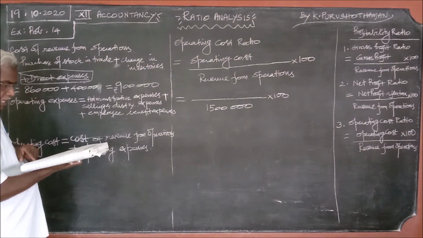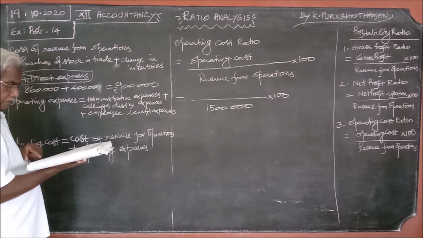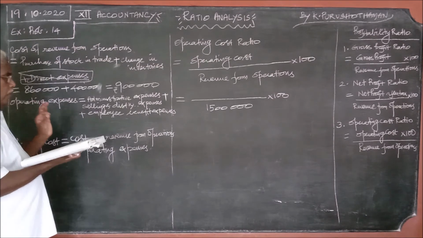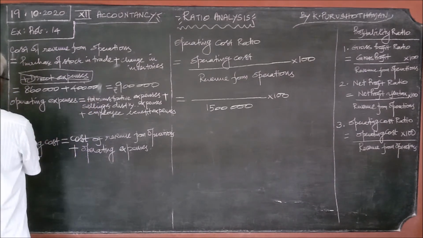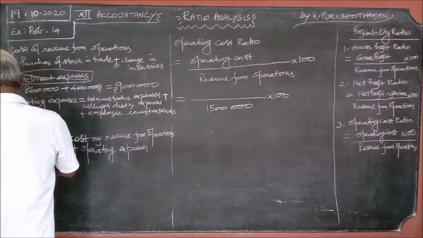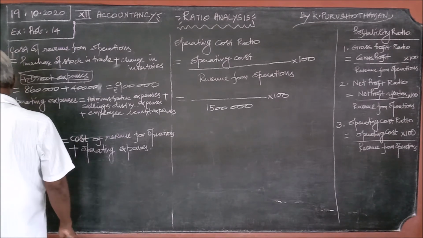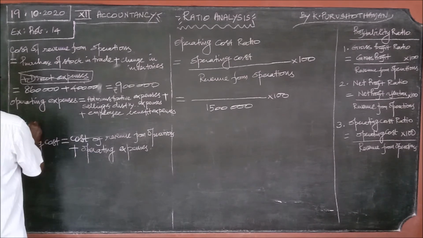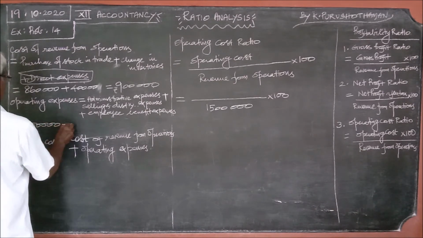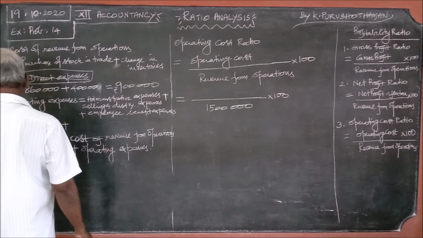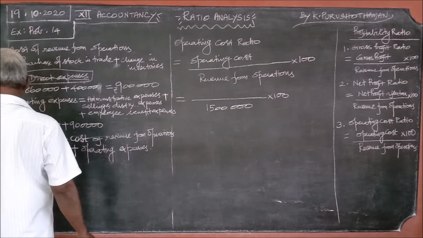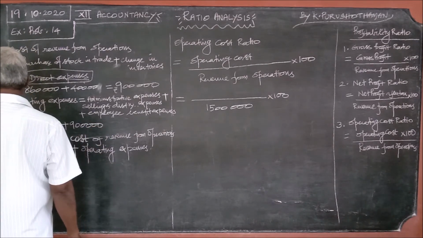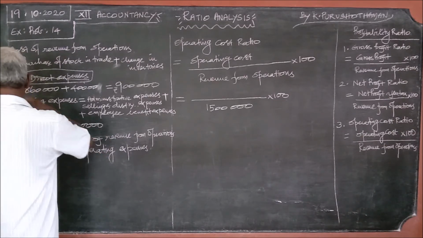So what is actually here? In the problem, other expenses are given as 1,70,000. In these other expenses, see the notes to accounts: office and administrative expenses 50,000. This is the first point. Then selling and distribution expenses 90,000. And employee benefit expenses, that is salary, 1,60,000 given above.